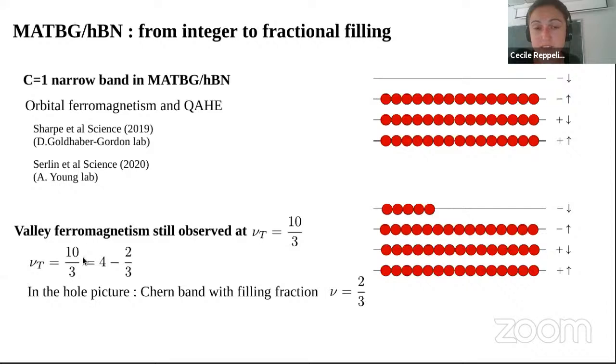And this 10/3 corresponds to 4 minus 2/3, which means that I can work in the whole picture within a single Chern band at filling fraction 2/3. So this makes the problem slightly easier to think about, and that's going to make a link with what I talked about of the physics of 2/3 earlier.